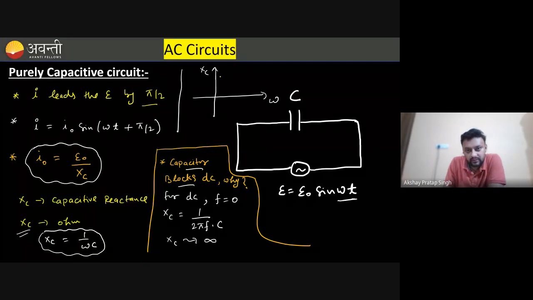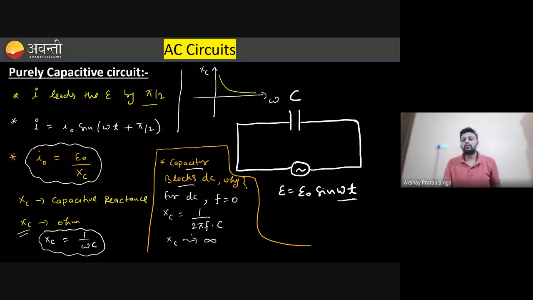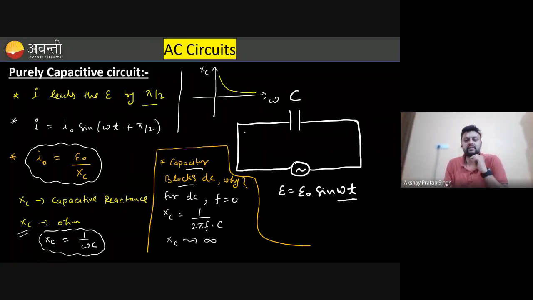So the graph will be something like that. It will start from infinity and go towards zero. It will be something like that. This is the graph of XC versus omega.